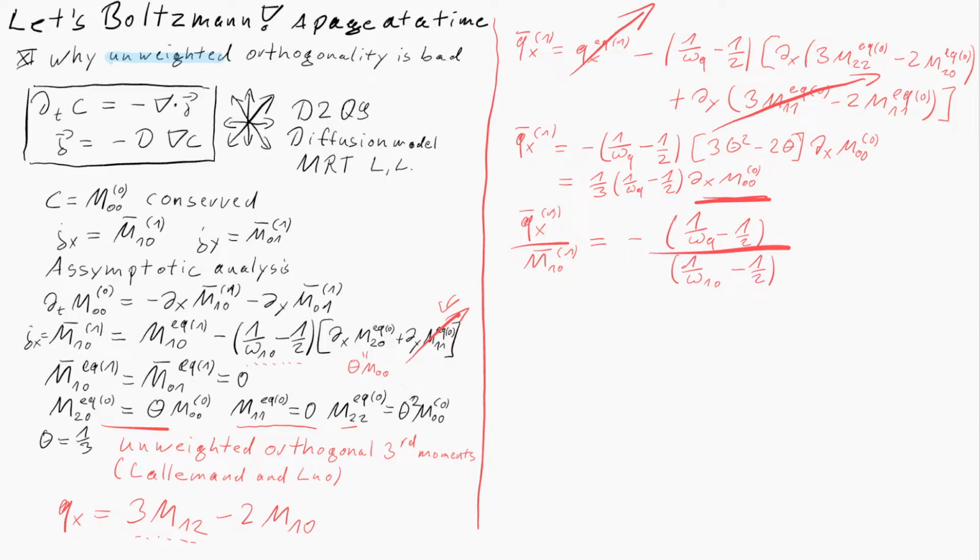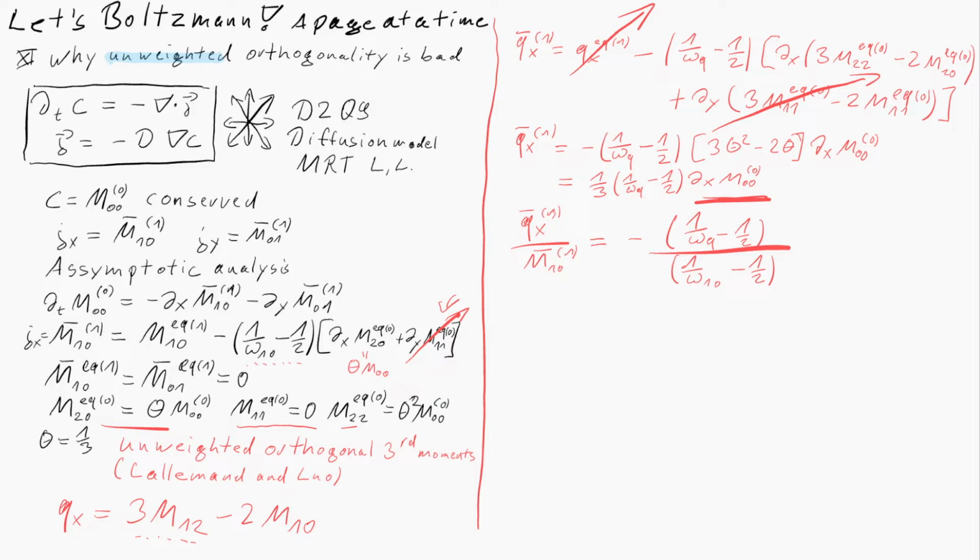So we see that the third order unweighted orthogonal moment divided by the first order moment is nothing else than the ratio between their corrected relaxation coefficients.